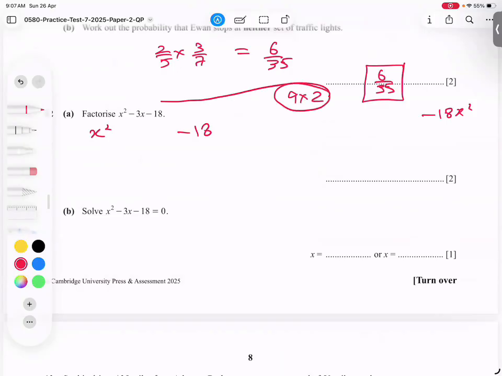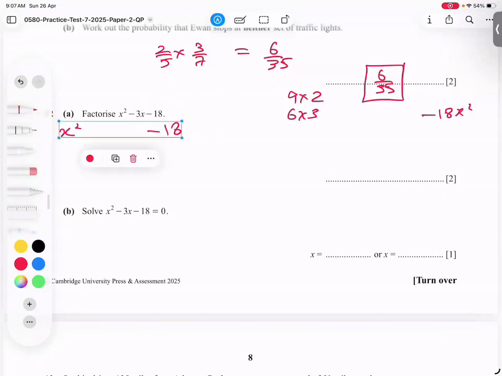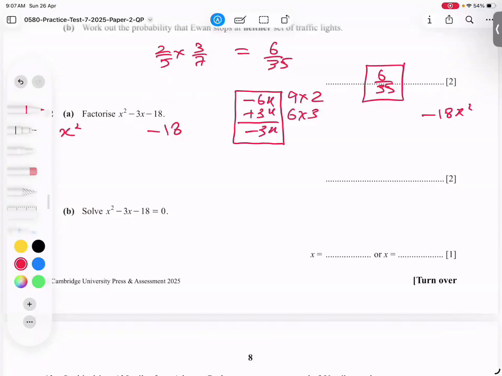Does adding or subtracting give me this 3? No. 6 threes are 18. If I subtract, I get a 3. So it means I'm looking for negative 3. So 6 must be negative and 3 must be positive, which will give us negative 3x. I think this part is clear.